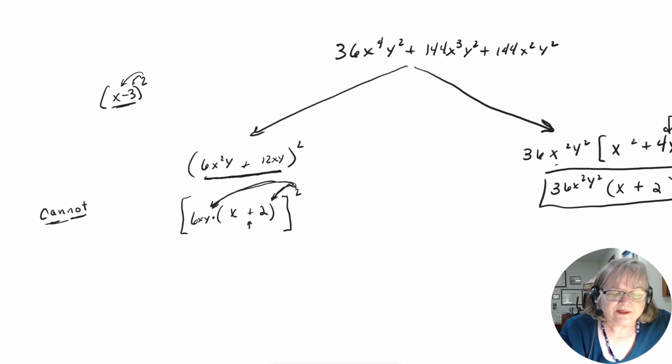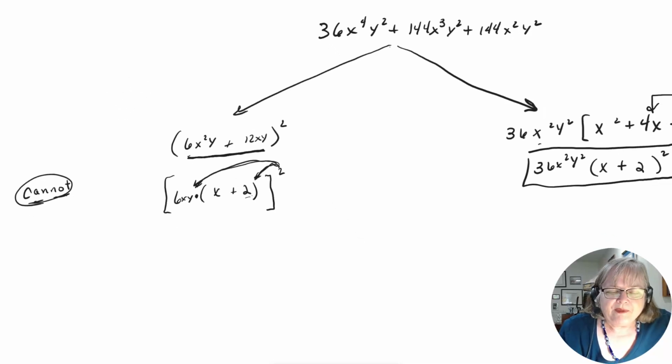But this square applies to both of these because of this times. It does not apply to both of these here because of this minus. Pluses and minuses make space. Times do not.